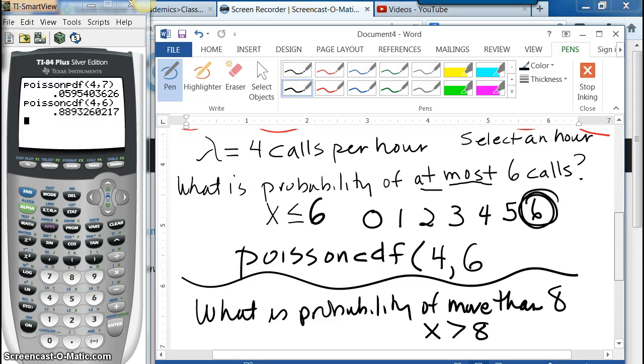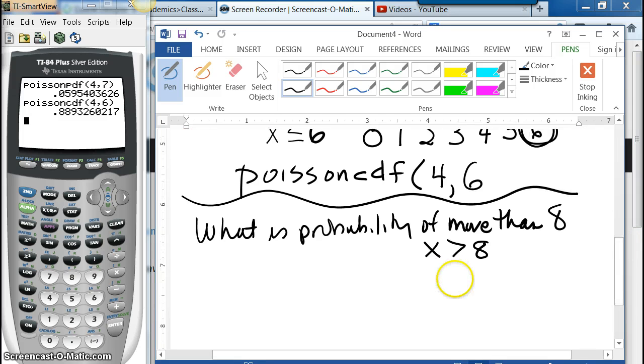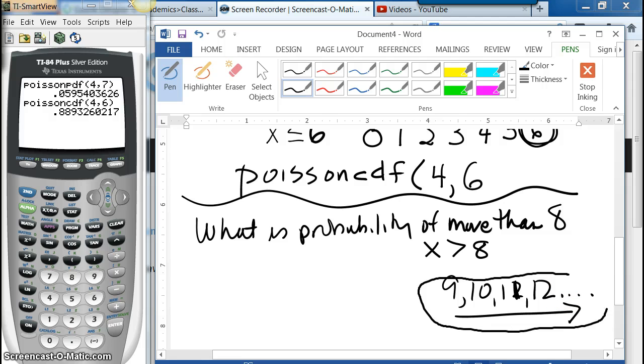That would be like 9, 10, 11, 12, that direction. You're wanting it to go that direction. You would have to do the complement of this because we don't have anything that accumulates going forward.